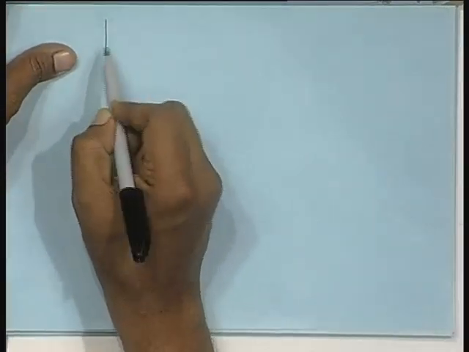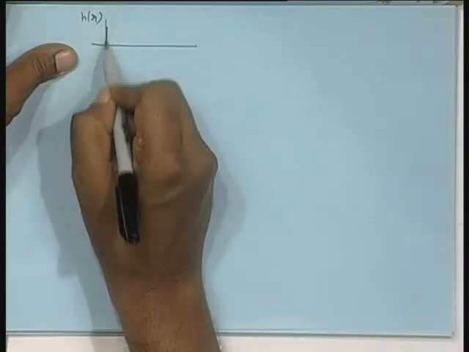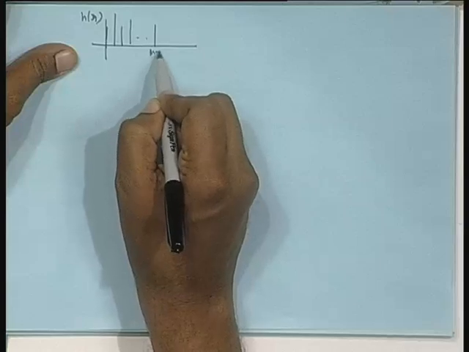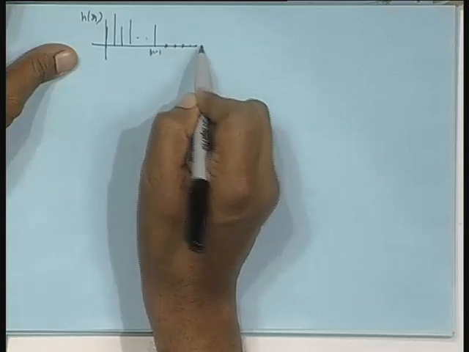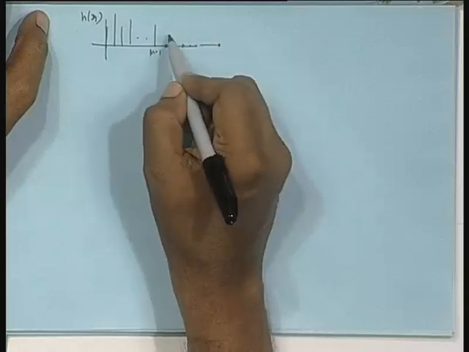So, what we did, your h[n], h[r] rather, was up to M minus 1, and then I have zeros. How many zeros?